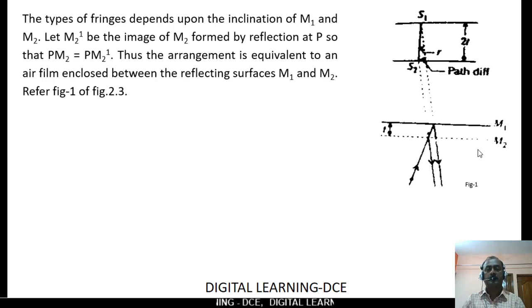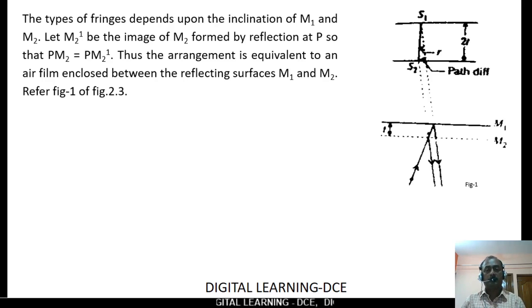Let M2 dash be the image of M2. It is the image of mirror M2, which is perpendicular to the mirror M1, as already shown. Here, M2 dash is the image of M2 formed by reflection at the plate P, so that PM2 equals PM2 dash.